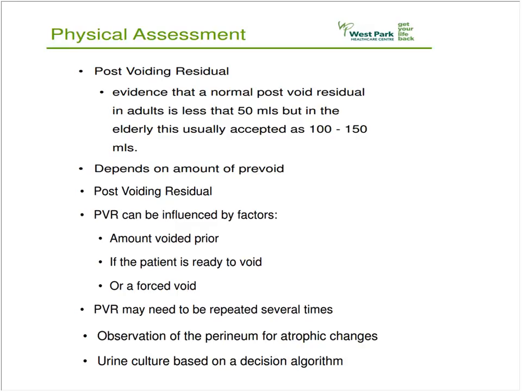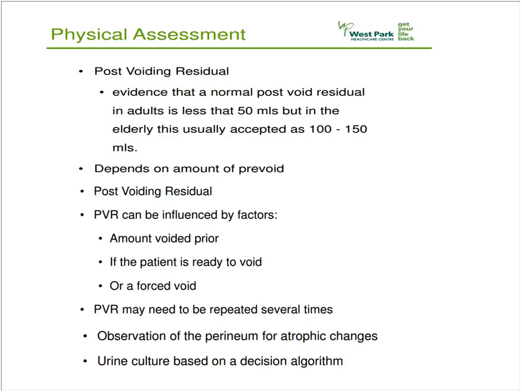And then there's a physical examination. For an RN or RPN, for women, simply look for atrophic changes. With the aging process and the loss of estrogen, our tissues become thinner and more friable.